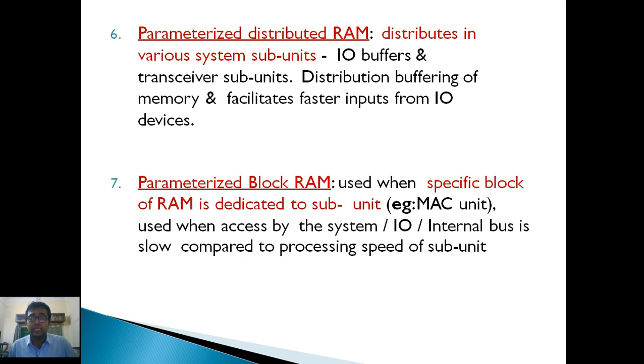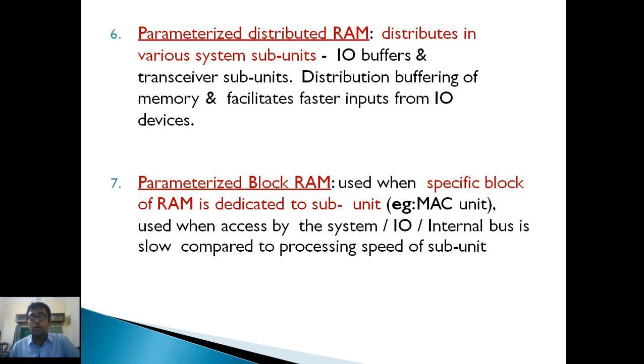Used when access by the system or input output or internal bus is slow compared to the processing speed of the subunit. It is a self-explanatory statement that it is used when a specified block of RAM is dedicated to a subunit.